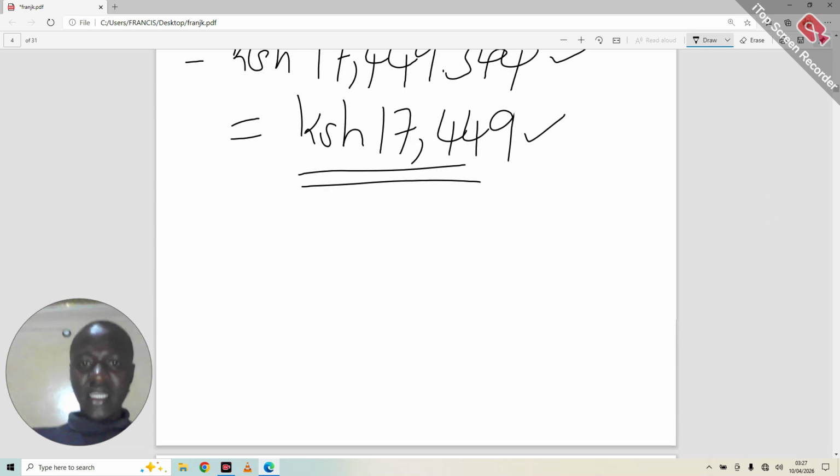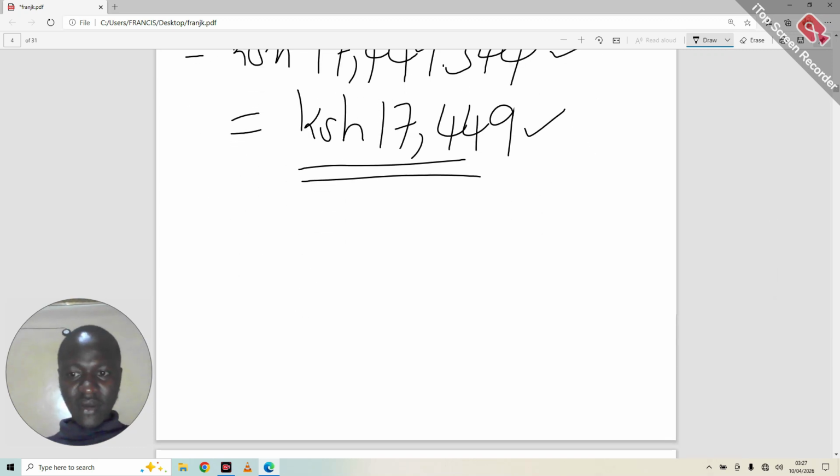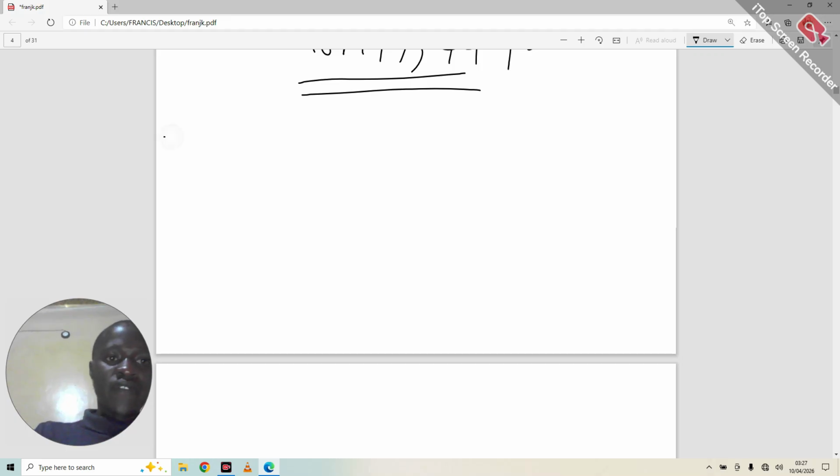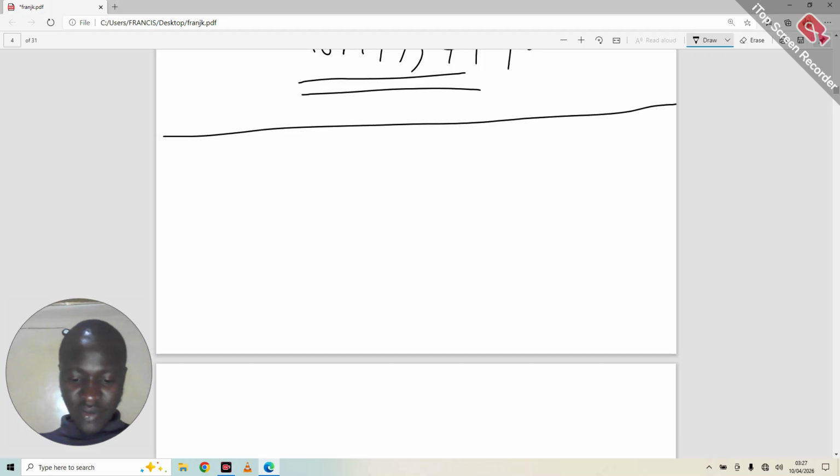All right. So let's check on another question. Very nice and interesting question. The question reads, the price of a piece of land on 1st January 2000 was 2.56 million.